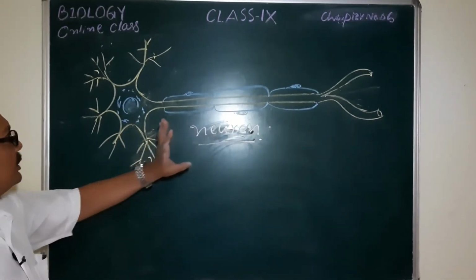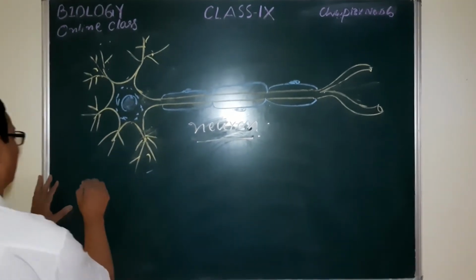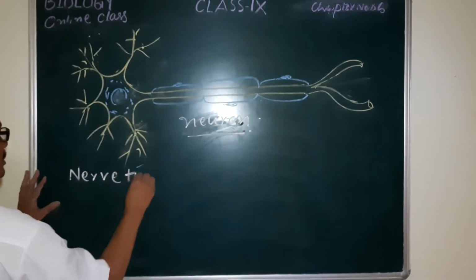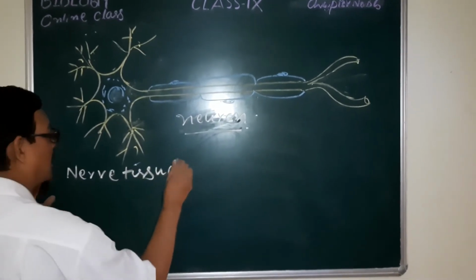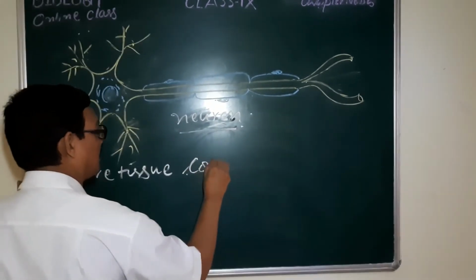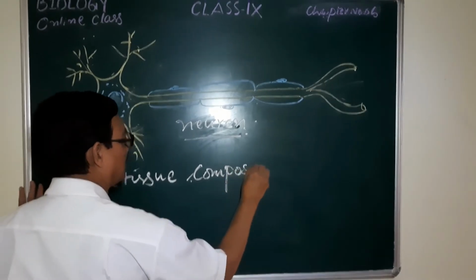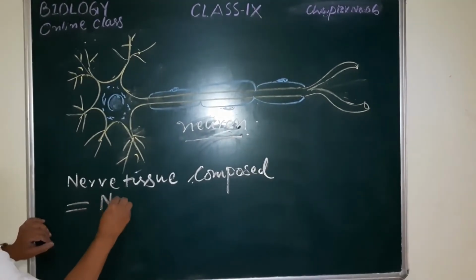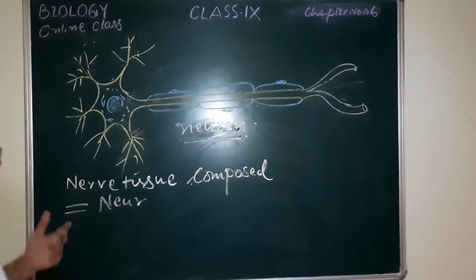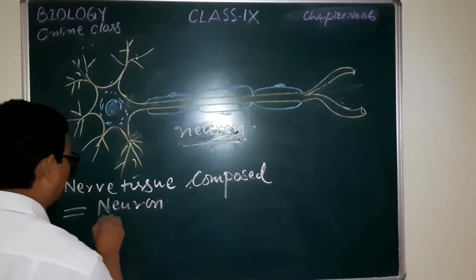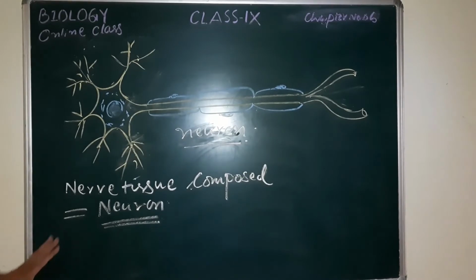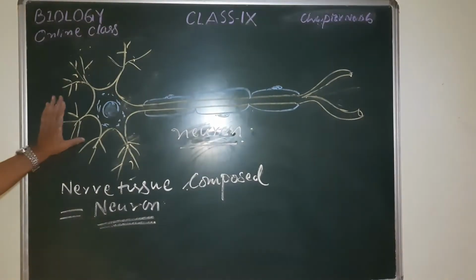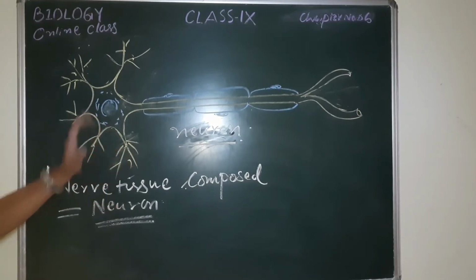Structure of neuron. Nerve tissue is composed of neurons, that is the nerve cell or neuron, and this is the structure of the nerve cell or the neuron.